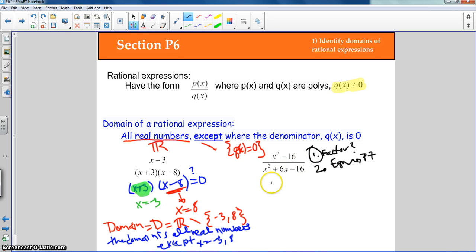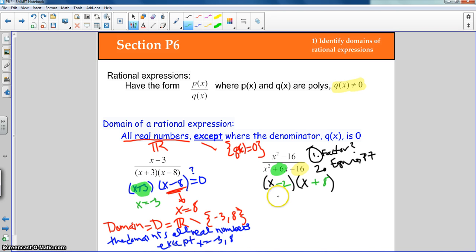Okay, so I want to try and factor this, and we can factor this by the AC method. I'm going to do this by guessing and checking. So I want to think of what two numbers multiply to minus 16 but add to positive 6. And so we did this in section P4, P5. And so we recognize that this is going to be a plus 8 and a minus 2.